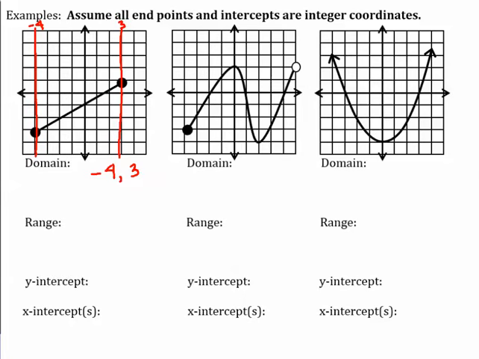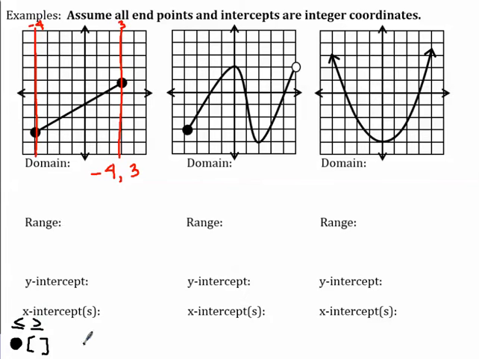Then we need a couple more rules. So we mentioned that for interval notation, you sometimes use parentheses and you sometimes use brackets. So if you have a closed circle, you're going to use brackets, because a closed circle and the brackets are the same thing as less than or equal to or greater than or equal to.